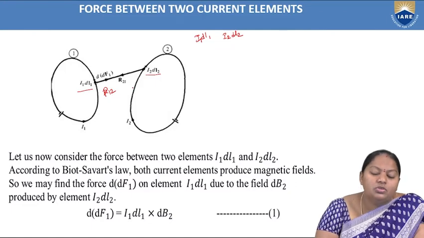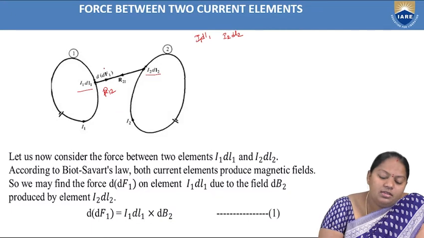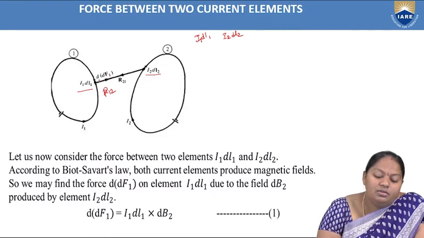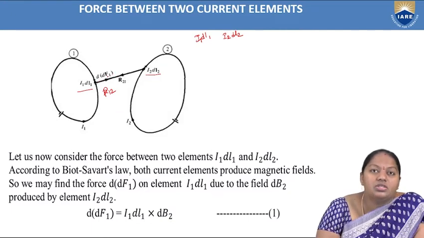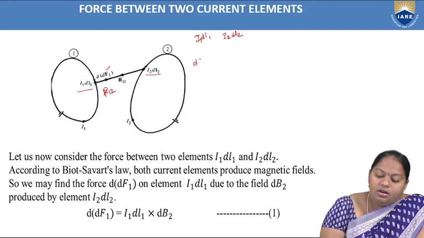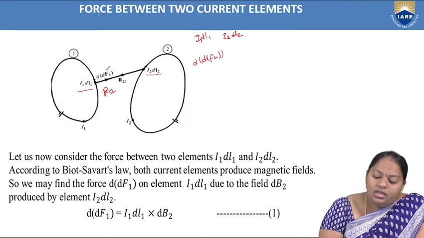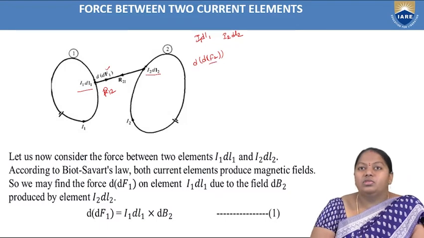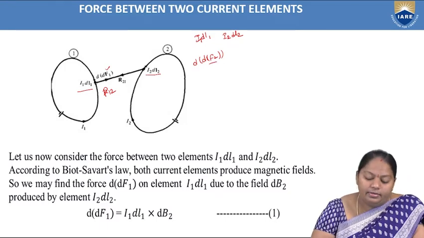R12 is from 2 to 1 and R21 is from 1 to 2. And here dF1 means the differential of the force which is related to the first conductor, or dF2 means the differential of the force which is experienced on the second.